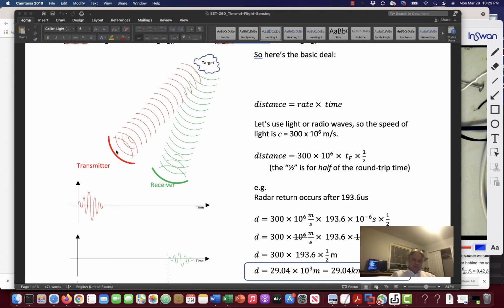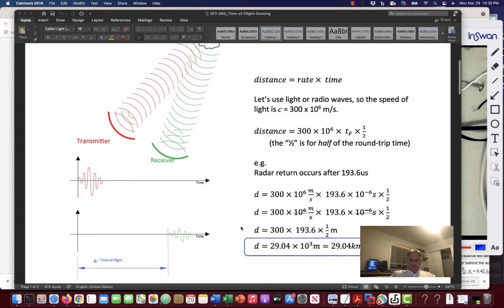But whatever you have, some kind of transmitter sends energy out to a target, and that target absorbs and retransmits. That is, it reflects some amount of energy back, and you receive the returning energy with a receiver.